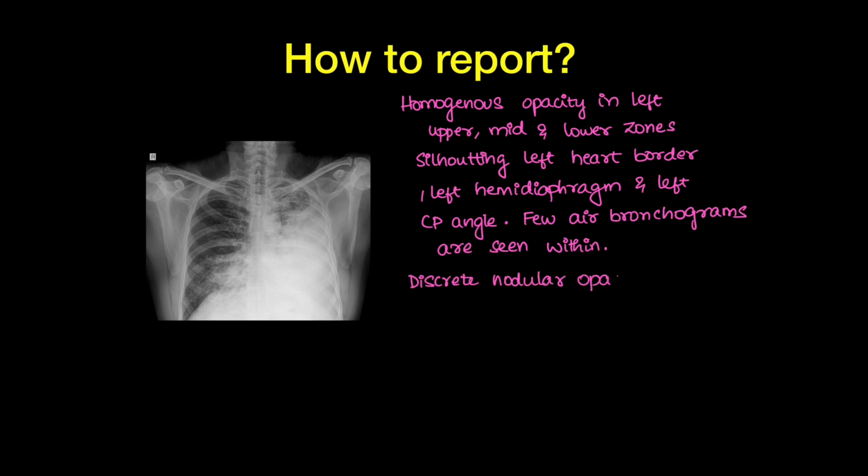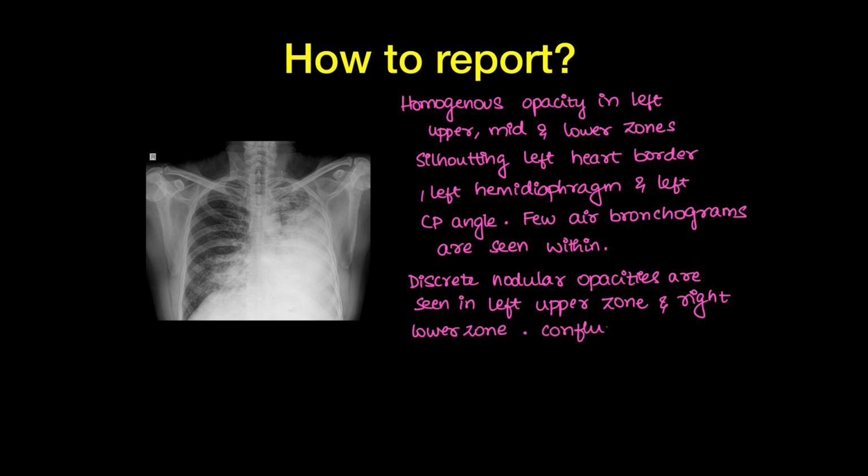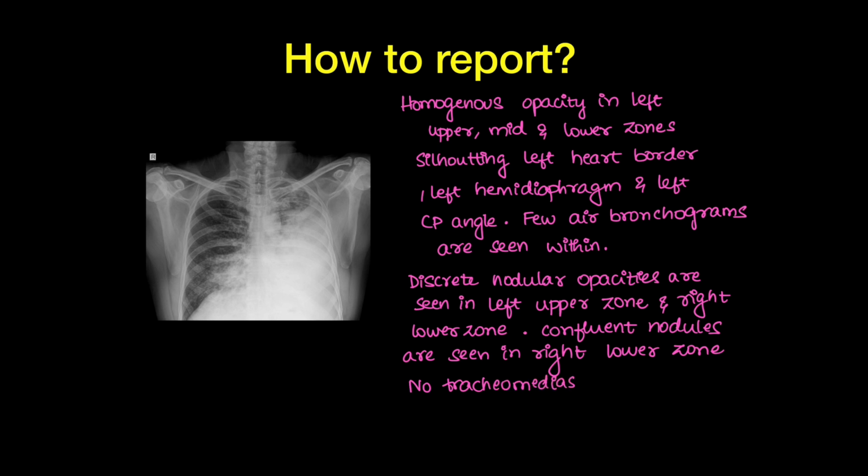Discrete nodular opacities are seen in the left upper zone and right lower zone. Confluent nodules are seen in the right lower zone, which later form consolidation as we saw. Don't forget to mention that there is no tracheomediastinal shift and no features of volume loss. That will give you a good diagnosis.